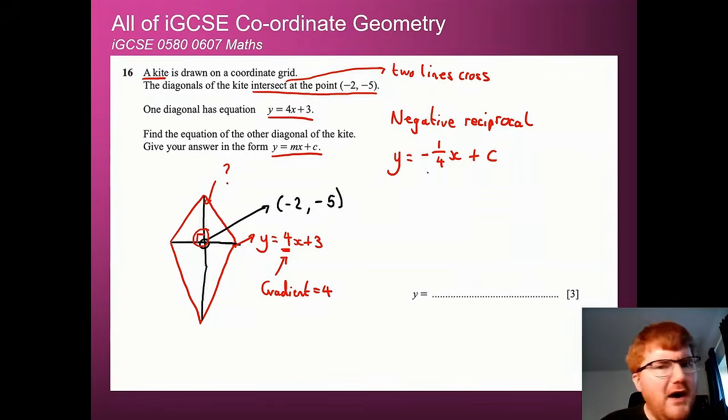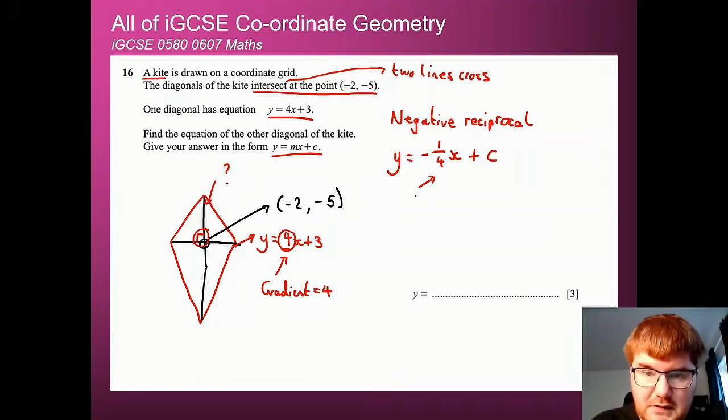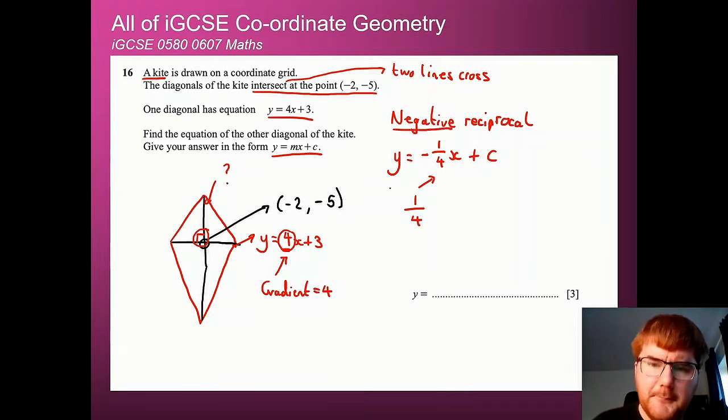Now, where did this -1/4 come from? So I've taken the 4, I've made the reciprocal of it, which is 1/4. So you turn it into a fraction, 1 over it. And because we want a negative reciprocal, we can put a minus in front. Some of you may have learnt this rule here. m1 m2 is equal to -1.